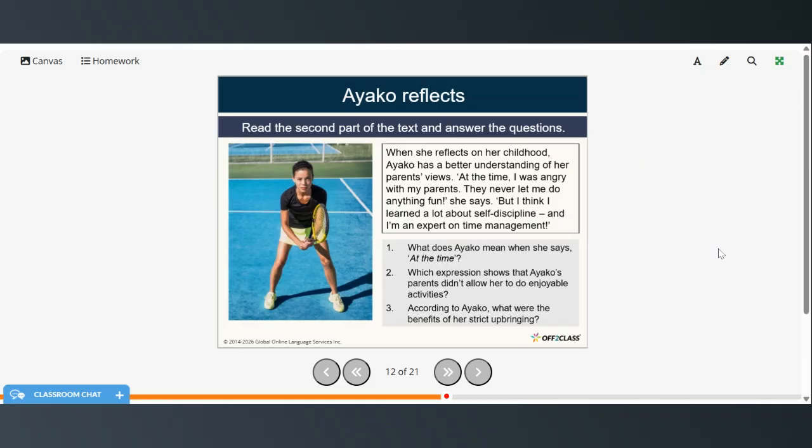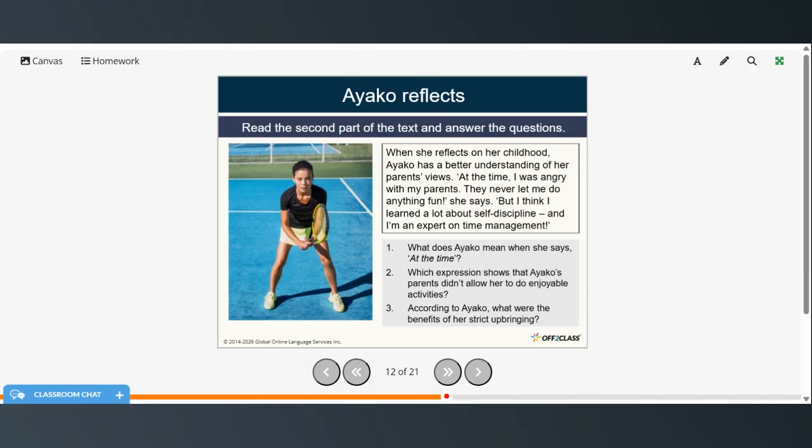So when she reflects on her childhood, Ayako has a better understanding of her parents' views. "At the time, I was angry with my parents. They never let me do anything fun," she says. "But I think I learned a lot about self-discipline, and I'm an expert on time management." So, what does Ayako mean when she says "at the time"? It's just another way of saying then or in the past.